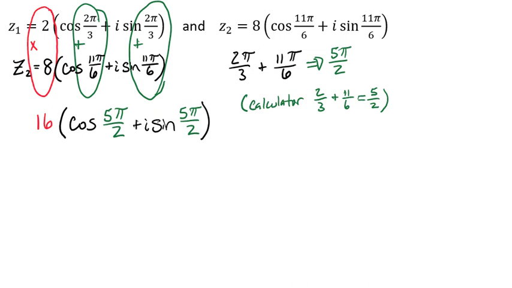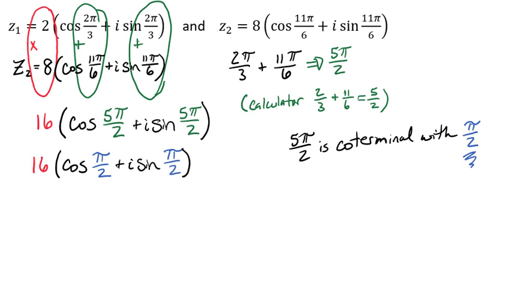And we're getting ready to evaluate, but when we look at our unit circle, 5 pi over 2 is not on our unit circle. Don't worry. Think about what it's coterminal with. 5 pi over 2 is actually coterminal with pi over 2. So we can rewrite this as 16 times the cosine of pi over 2 plus I times the sine of pi over 2.